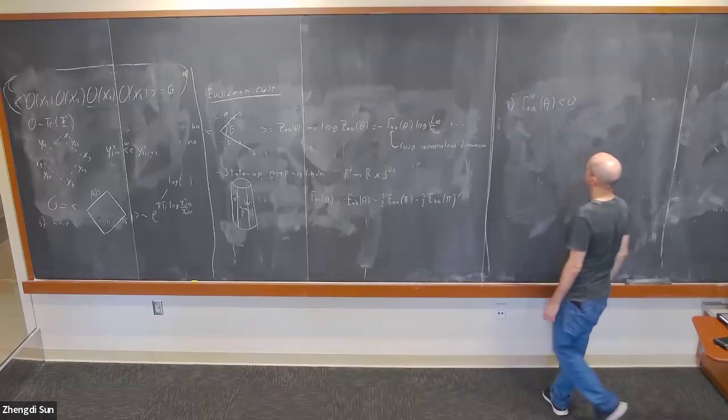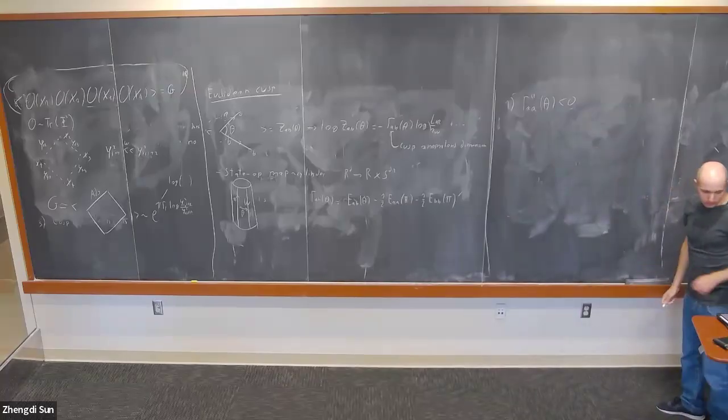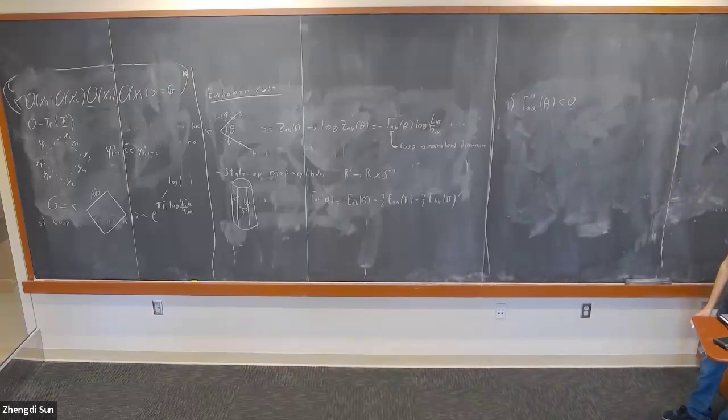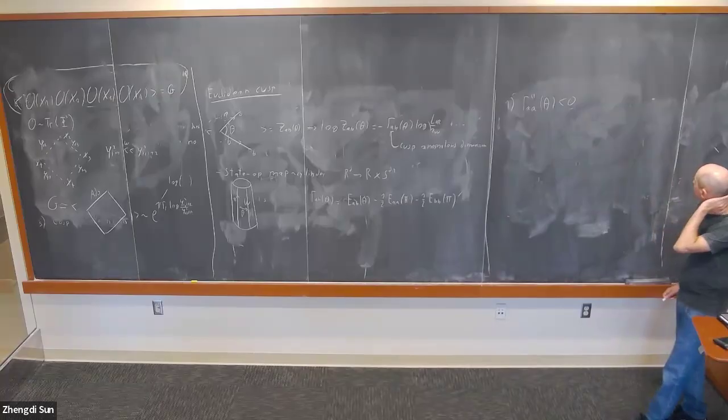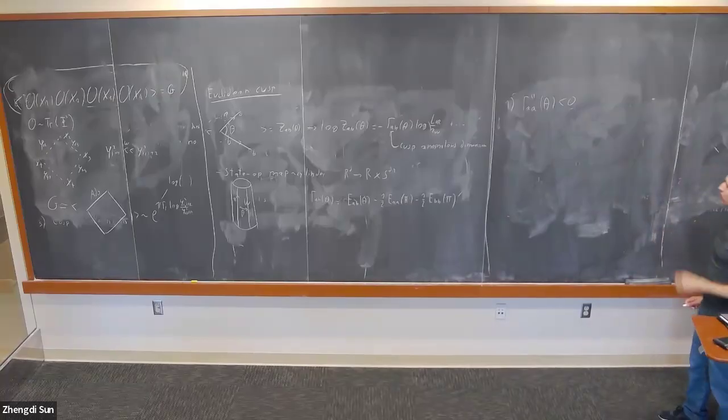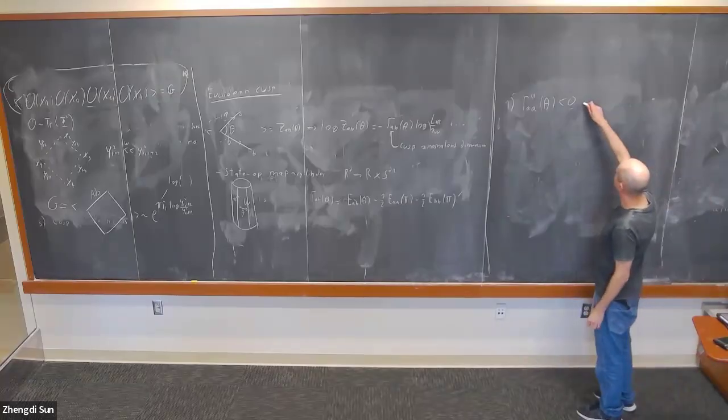This is negative. Okay, this is property number one. Let me just give the idea of the proof, and then let me tell you why this is useful. And also, let me just tell you immediately something.